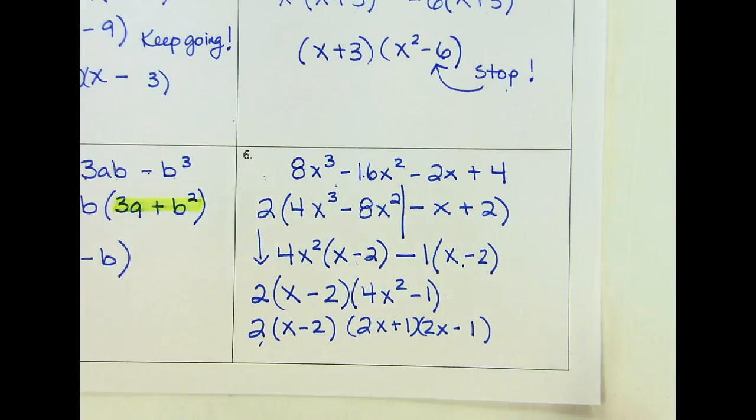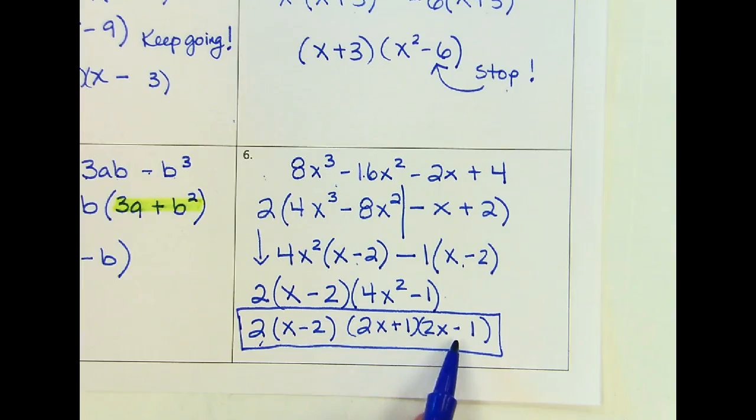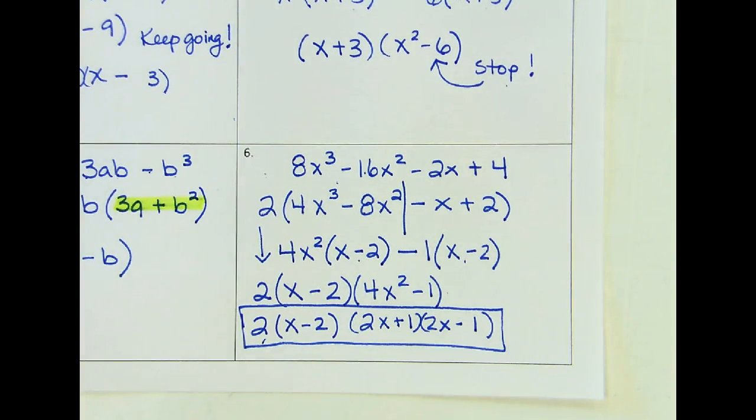So when it's all said and done, we have 4 pieces to this one problem. We have a 2 times x minus 2 times 2x plus 1 times 2x minus 1. So that's just it for grouping. You split it down the middle, factor each piece, then factor out your matching pair.